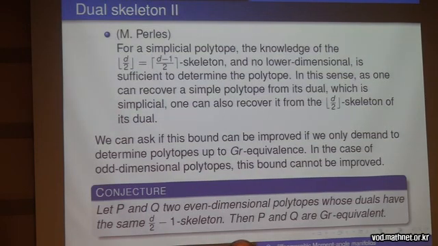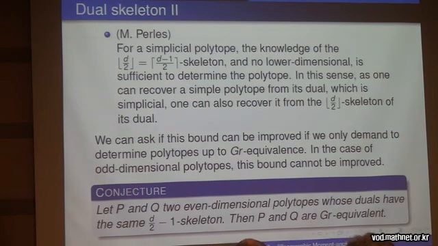A simple polytope is determined by its one-dimensional skeleton, but we can look at its dual, and the dual is simplicial, and to know completely the combinatorics of a simplicial polytope, we need to know the d/2 skeleton.